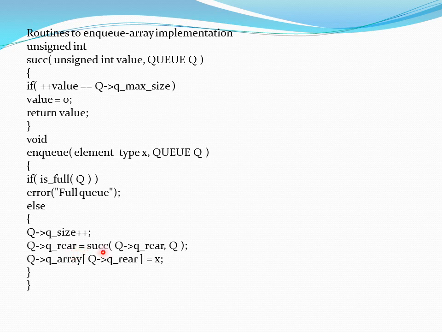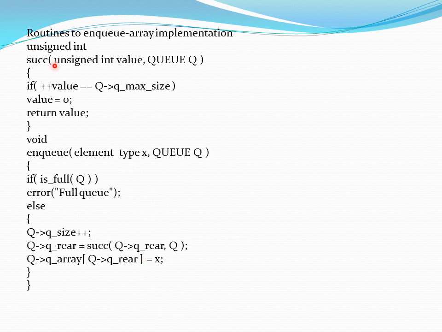So, successor of queue rear. Already in the fourth position the element is there, which means next we have to insert in the fifth position. For this we have to get the next position using the successor function. The successor function is explained here. Then in that position we are storing the element X.